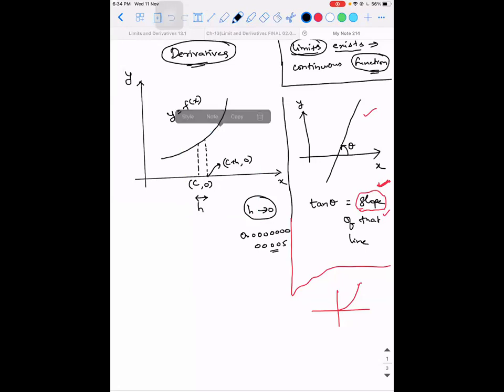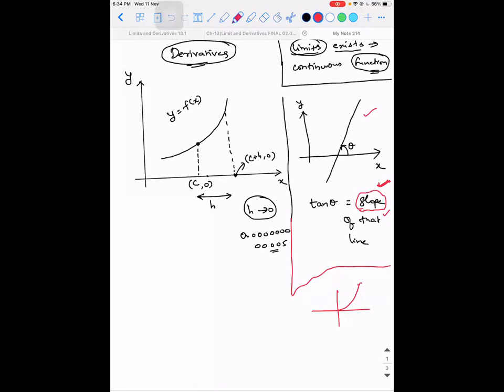Now for better understanding, register one point in your mind. h is a very small distance. The distance between c and c plus h is h. Now comes the important question.